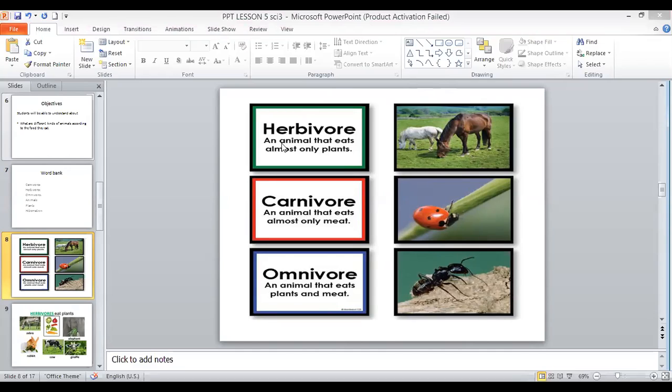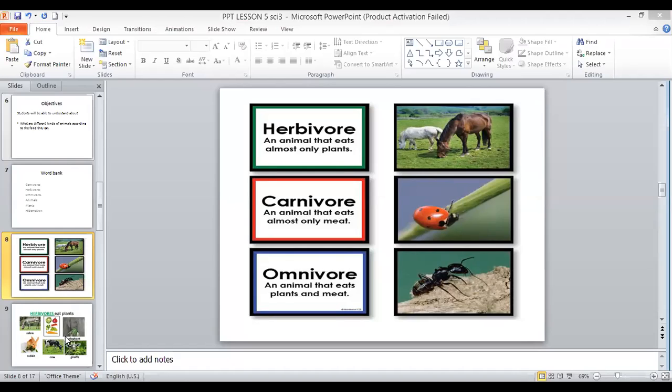Herbivores are the animals that eat only plants. Carnivores are the animals that only eat meat. And omnivores are the ones that eat both animals and plants, that means plants and meat. Clear till here?